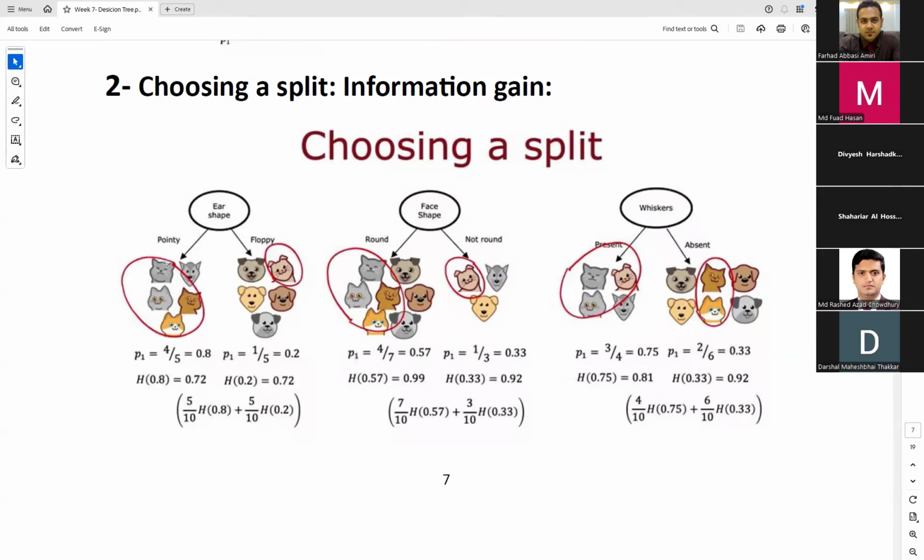If you take a look at the left branch, you see that 4 out of 5 are cats, 4 over 5. P1 is 0.8. How about the right branch? Just one of the 5 animals is cat, so 1 over 5. P1 for this branch is 0.2.